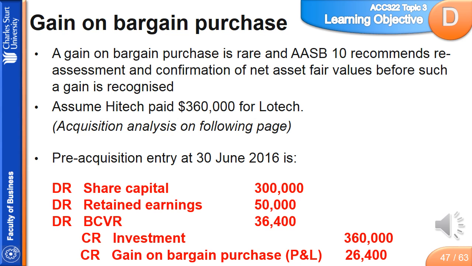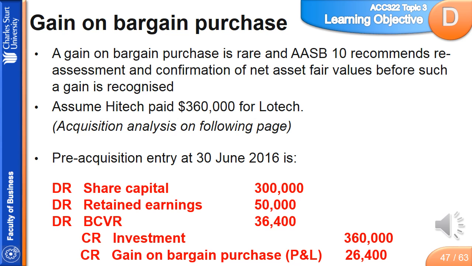The investment would instead change to $360,000 instead of the $400,000 that was originally recognised, and the difference, which is $26,400, so that's the difference between the $386,400 calculated as the fair value of identifiable net assets against the $360,000, is considered a credit, which is gain on bargain purchase, and that's put straight into the profit and loss accounts within the consolidated accounts.